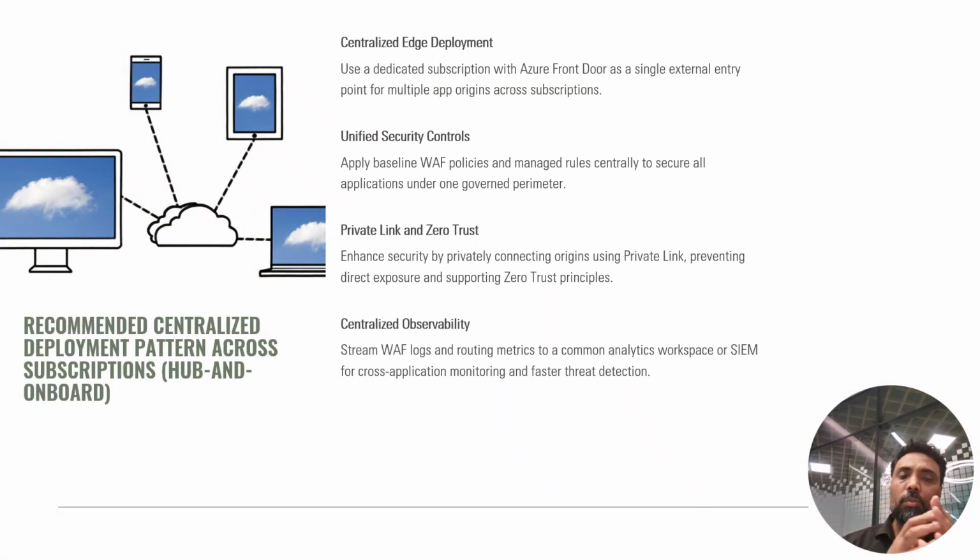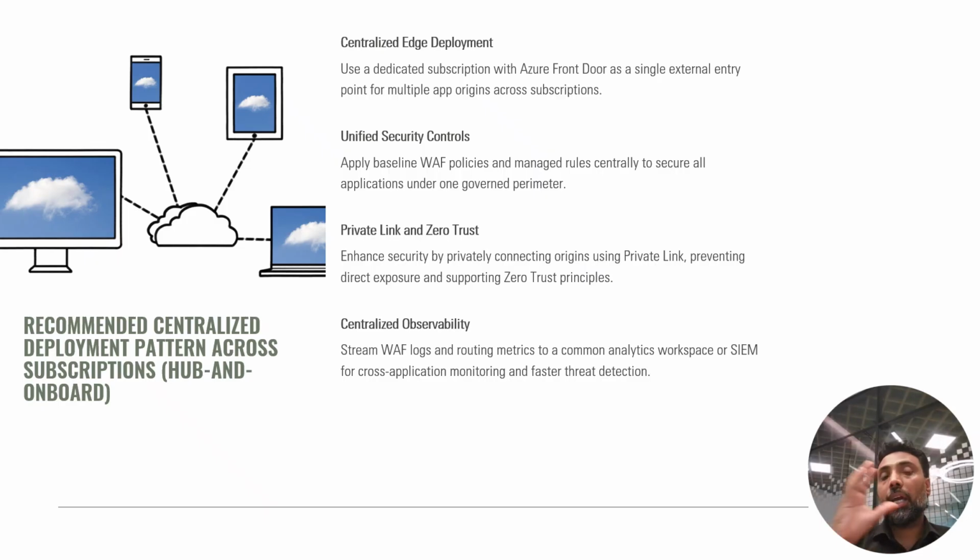This is a very basic architecture which I have drafted. Front Door becomes a single external entry point. As I said, this is how you control ingress traffic. Whenever application teams onboard their application as an origin, all these policies are automatically applied to that new application.